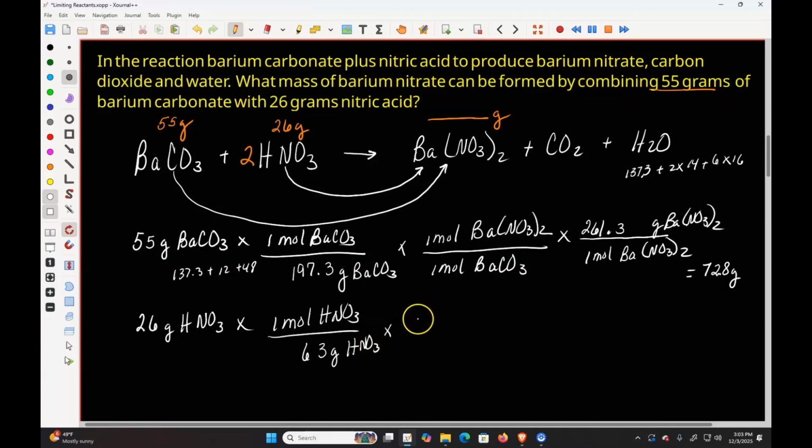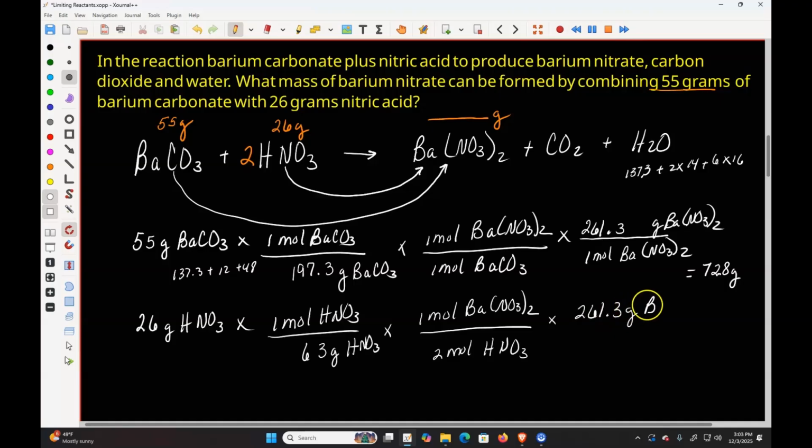The ratio step will be 1 mole of barium nitrate per 2 moles of nitric acid. And again, we're using 261.3 grams barium nitrate per 1 mole.